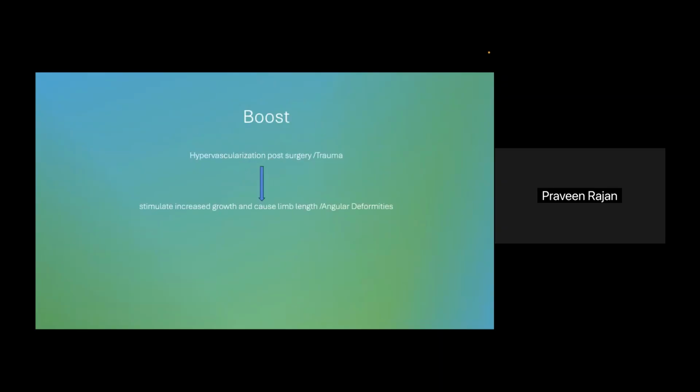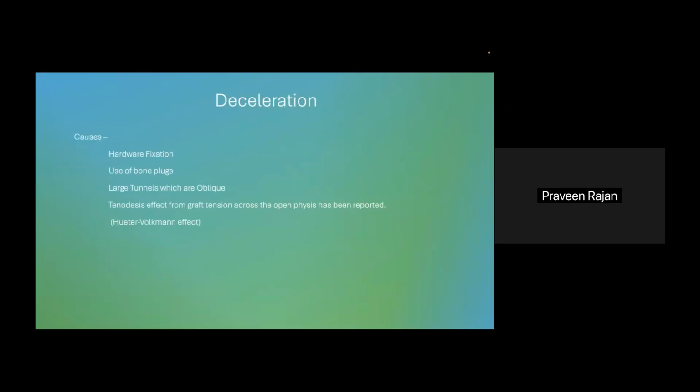Boost is a mechanism described by hypervascularization. Whenever the tunnel for the ACL is drilled close to the physis, it causes increased blood flow and can stimulate the growth of the physis and lead to limb length discrepancies and angular deformities. Deceleration is slowing of the growth plate, which can happen for many reasons.